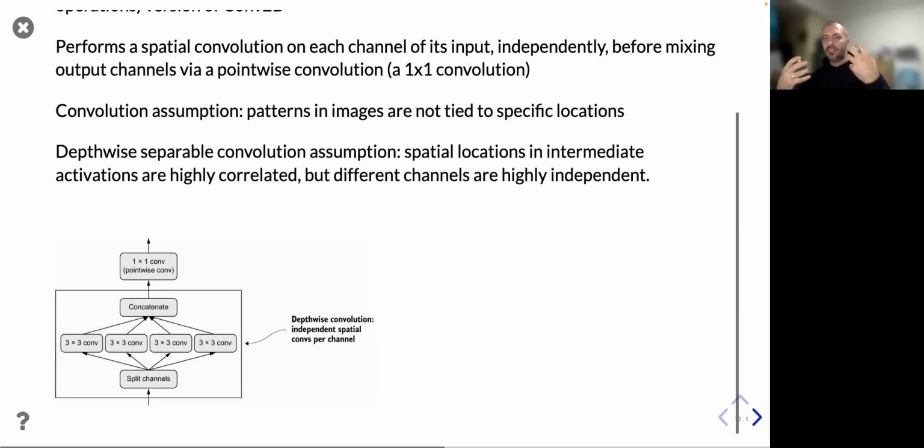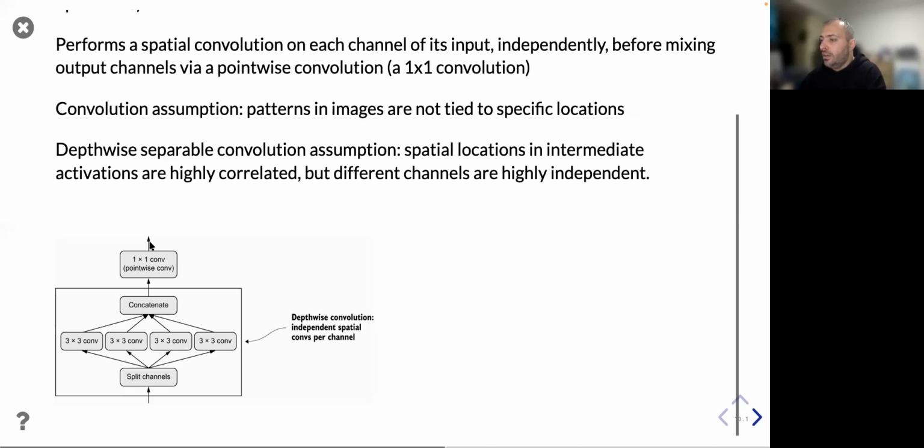But afterwards, each filter learns its own thing, its own feature, which means that the first filter of a convolution doesn't necessarily have anything to do with the fifth filter. It might learn completely different patterns. And this is the idea that these intermediate activations are highly correlated spatially, but not channel-wise. So channel-wise, they are highly independent. Again, this is the idea. We split the channels, we pass each channel separately, each feature map, we concatenate them, and then we apply pointwise 1 by 1.